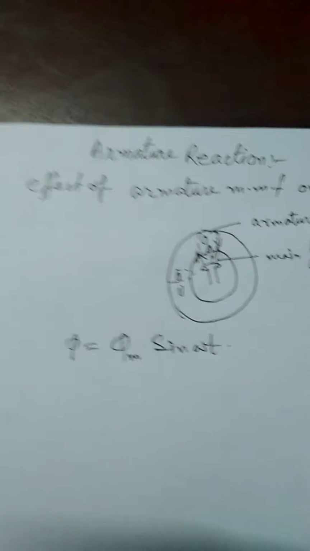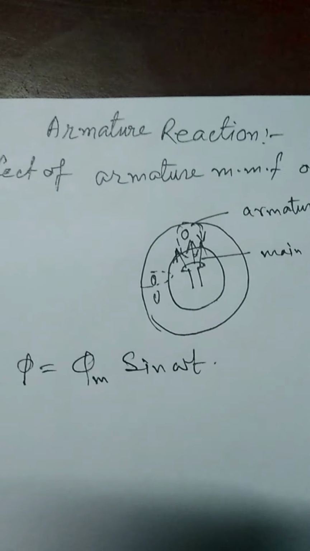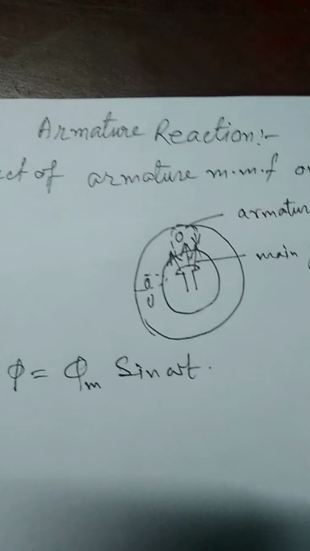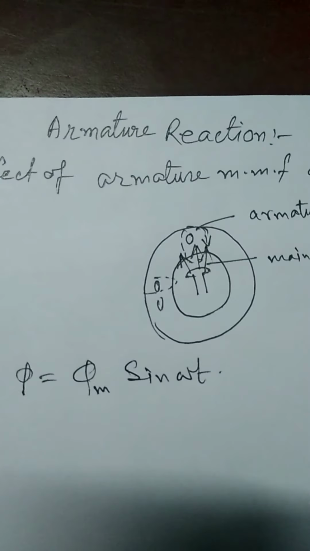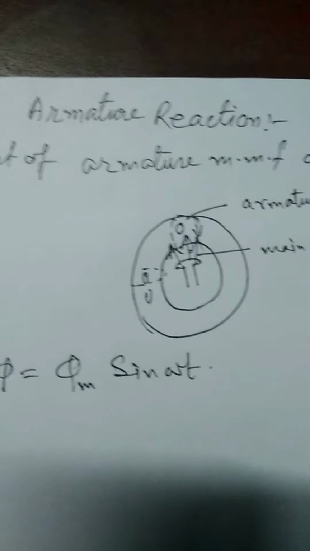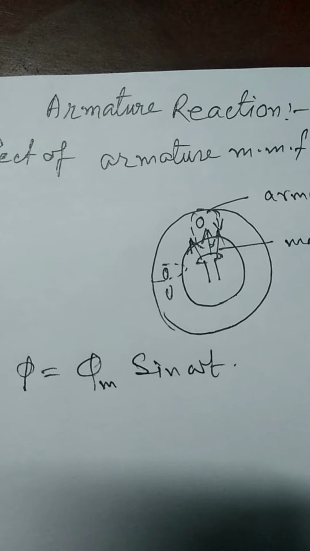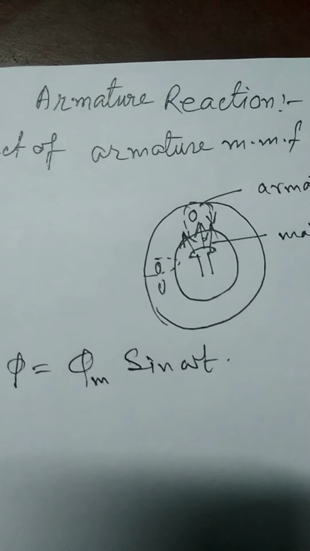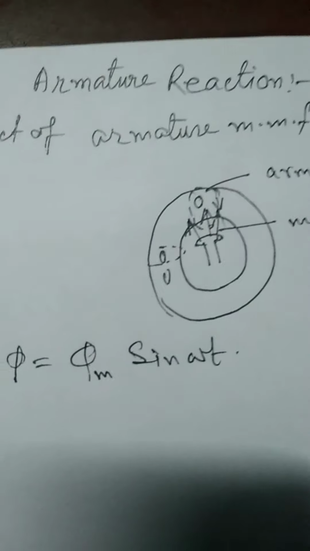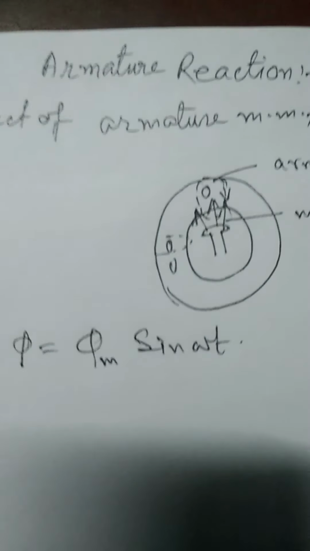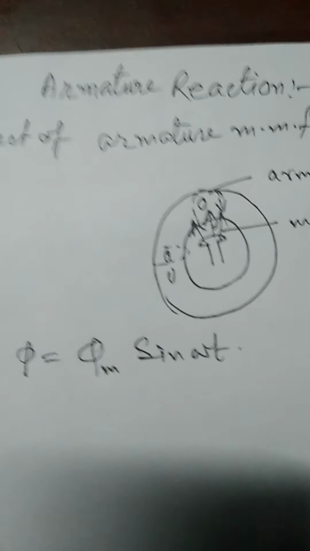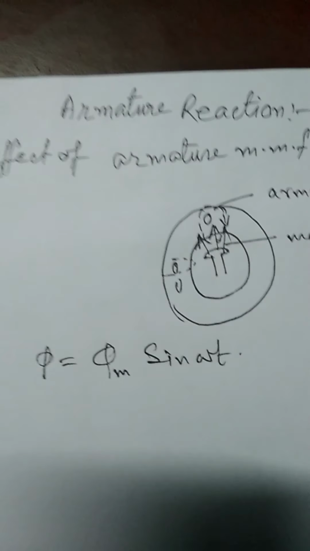Why? Because the flux distribution over the stator periphery due to the main field is almost sinusoidal. So we can represent the main field flux by the equation phi equal to phi m sin omega t.